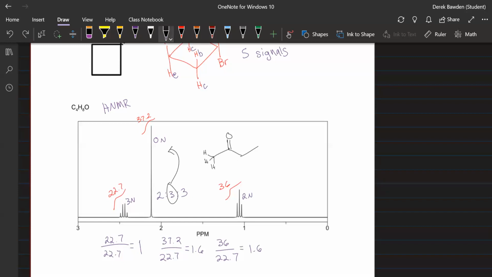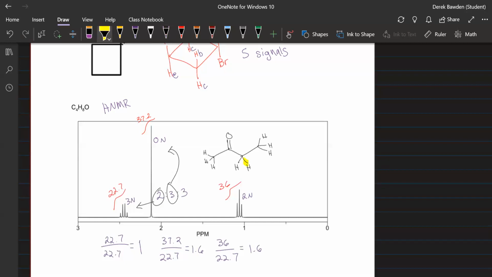Okay. So now we're going to look for 2 hydrogens that have 3 neighbors. Okay, so here's the only place that there's 2 hydrogens in this molecule. Okay. And if you look closely, there are 2 hydrogens here, and they do have these 3 neighbors on the end.